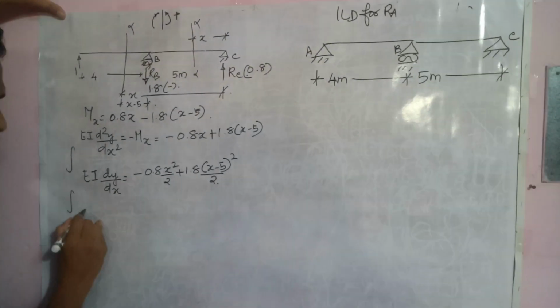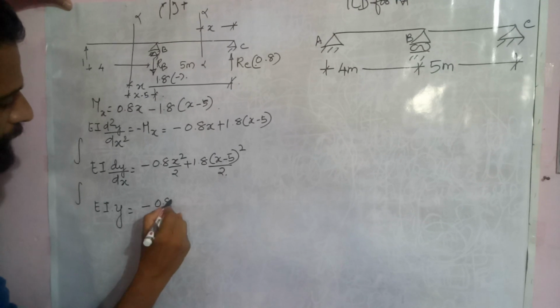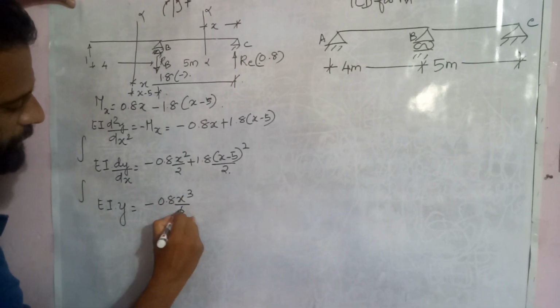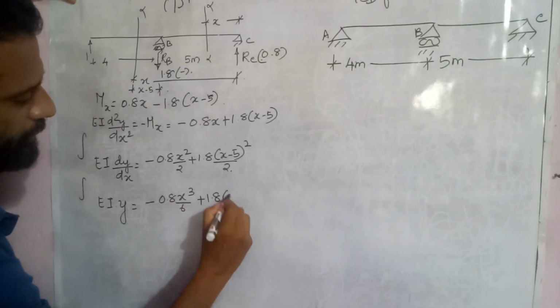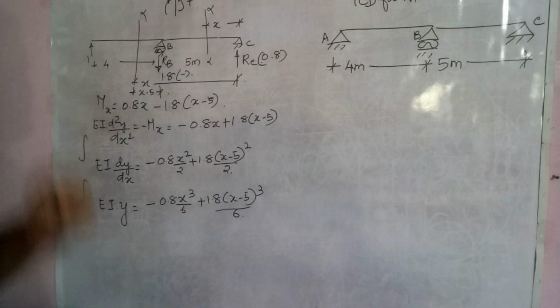Again integrating, we will get the deflection equation: EI into y is equal to minus 0.8 into x cube divided by 6 plus 1.8 into x minus 5 the whole cube divided by 6. So this is the deflection equation.